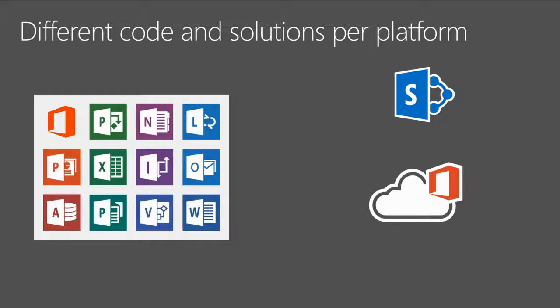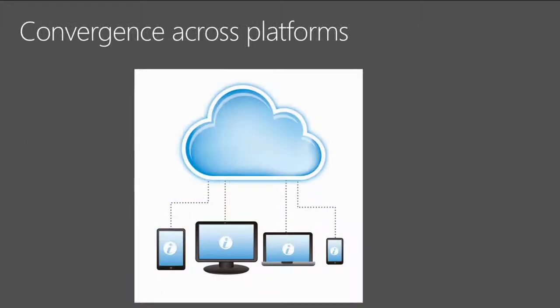So where were we, I guess? In the old world of developing Office applications and working with SharePoint and Exchange, it was very typical that you'd have to build completely different pieces of code if you were doing an Office app for Outlook versus an Office app for Word, or if you were connecting to a different version of SharePoint. Where we're moving towards, as we get into Office 2016, especially in the new SharePoint 2016 features, is we can now create add-ins which converge across all the platforms.